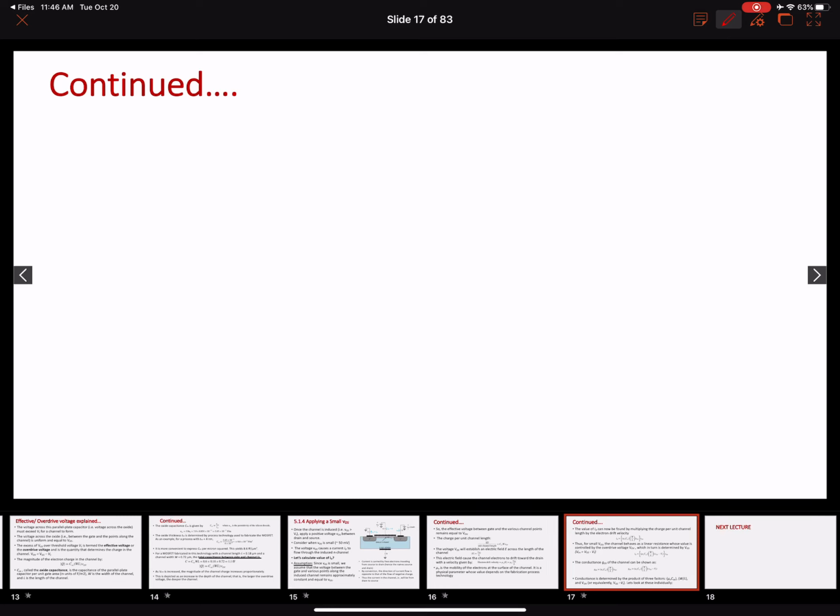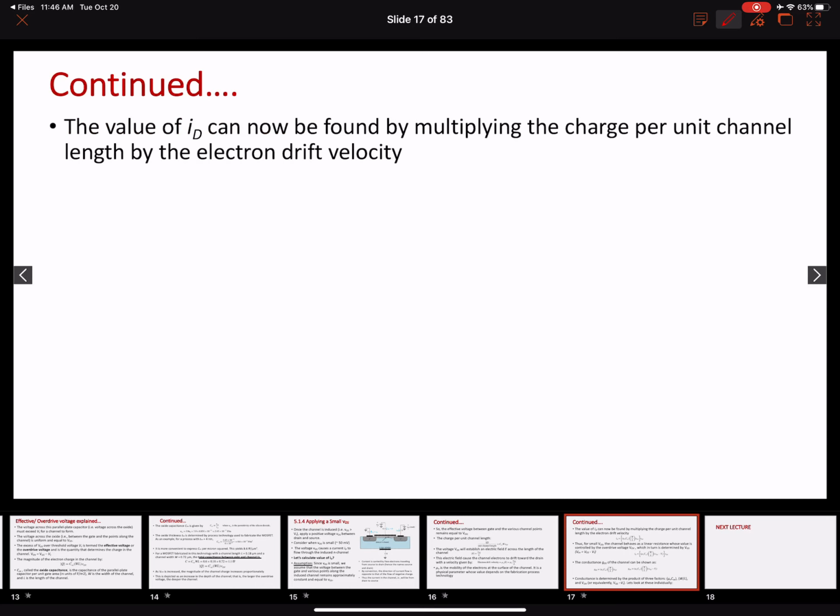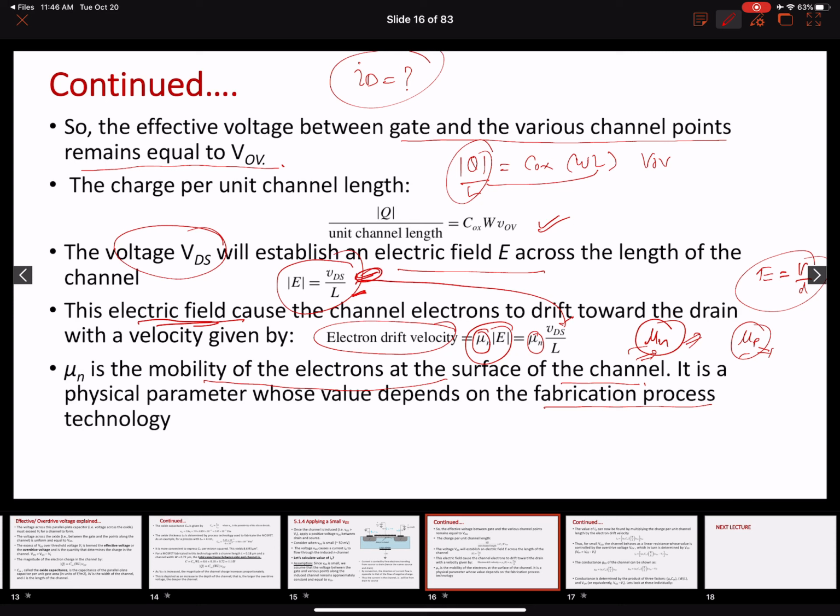Okay, so let's find the value of ID now. It can be found by multiplying the charge per unit length by the electron drift velocity. We have these two equations. One is the charge per unit length, Q over L equals Cox W VOV.